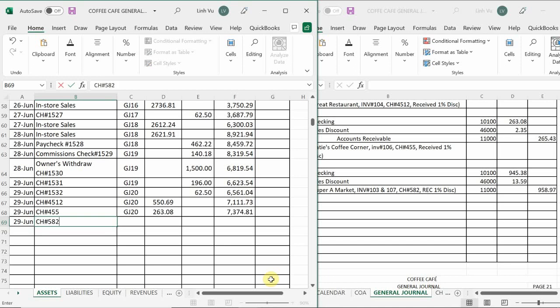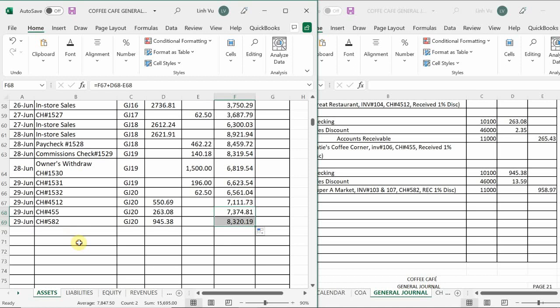Check number 582 for $945.38. So what's my total checking? 8,320.19.